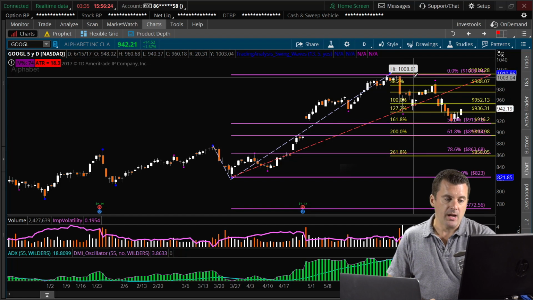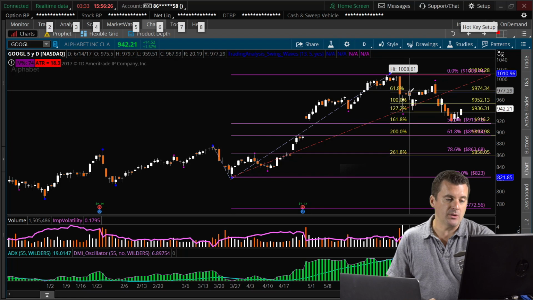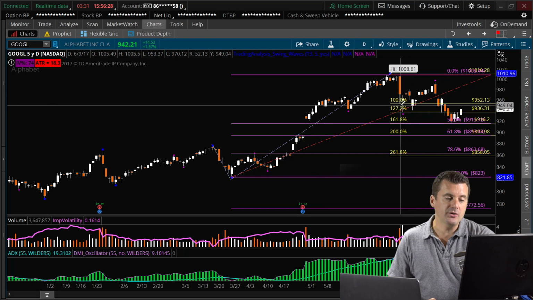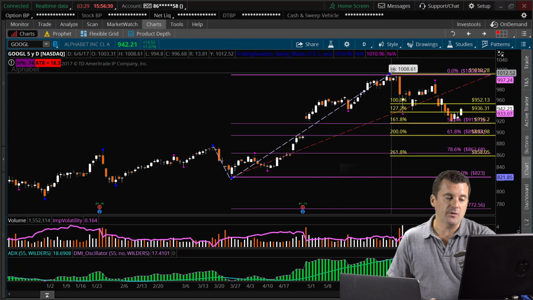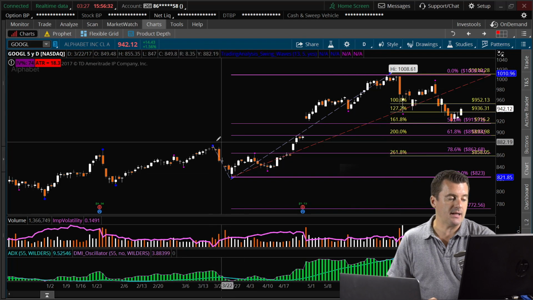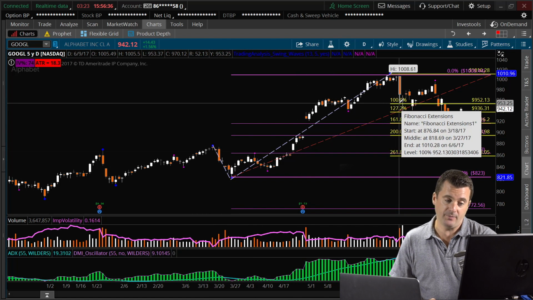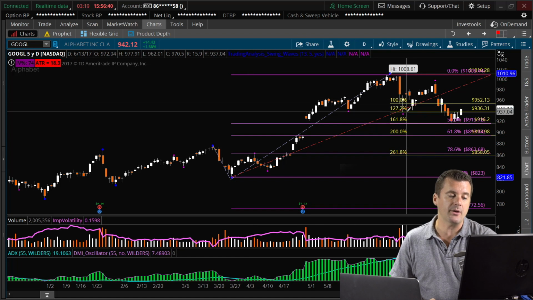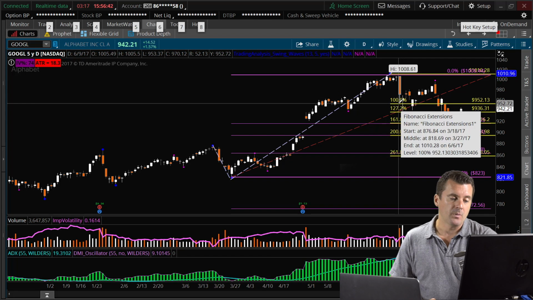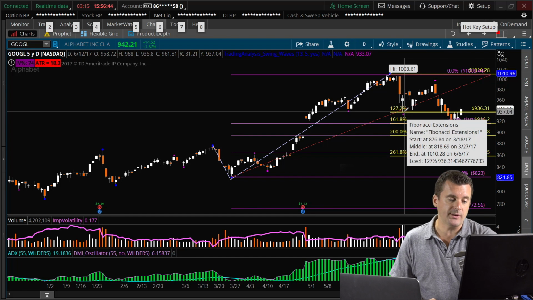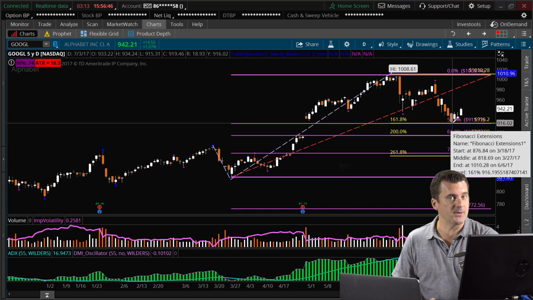All right. And now what we're going to do is start to build a zone. So here's the 100%. The distance from the high down to the 100% was exactly equal to this swing right here. That's called symmetry or measured move. And that gave us a nice low for a period of time. We double bottomed and rallied up. But we'll get rid of it, because it was ultimately defeated. The 1272 came in, and oh, look at that, 1618.